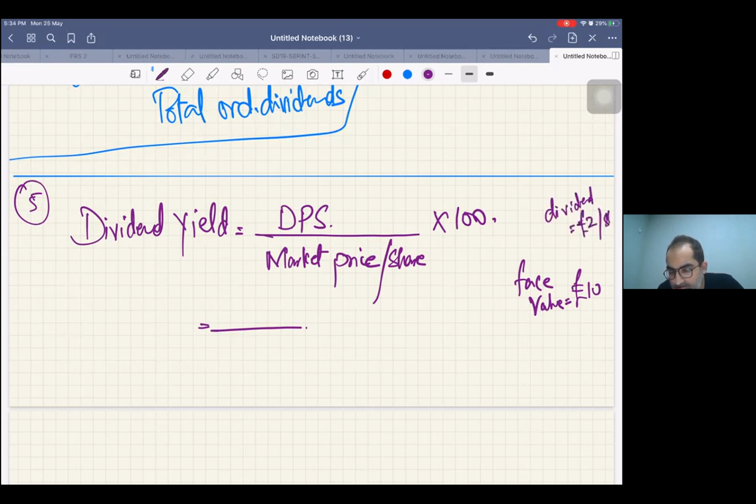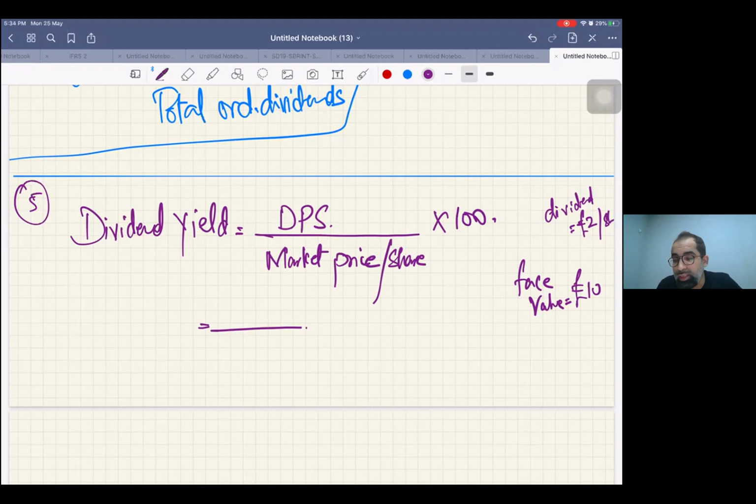Sometimes, this is the requirement of company law in many countries, whenever a company announces the dividend, they announce it as a percentage of face value. So the dividend is 2 pounds and face value is 10 pounds.